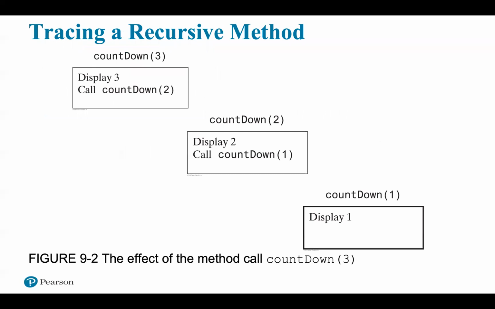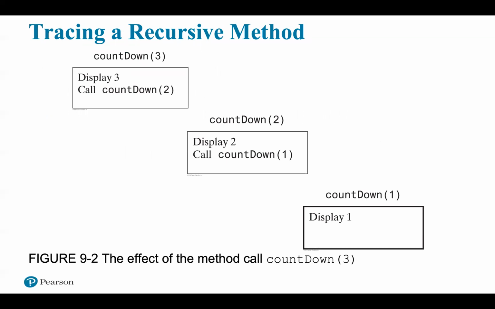So let's do a tracing of a recursive method, and this is going to be for the method countdown. Let's trace the method countdown given in segment 9.3. For simplicity, suppose that we invoke the method with the statement countdown(3) from within a main method of the class that defines countdown. This call behaves like any other call to a non-recursive method.